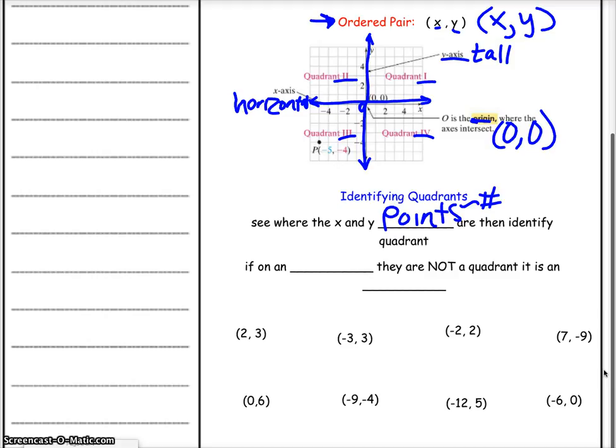And a very important thing, if it's on an axis, of any sort, it is not a quadrant. You call it an axis. And then you have to specify, is it the x-axis or does it lie on the y-axis?